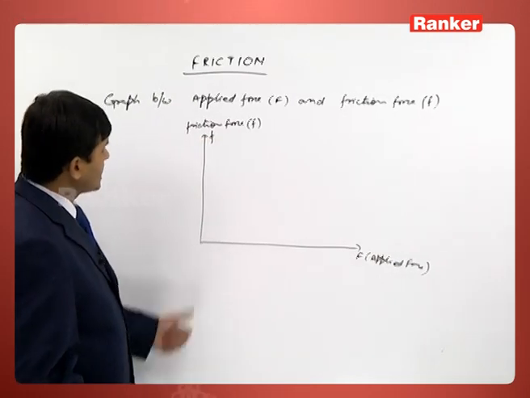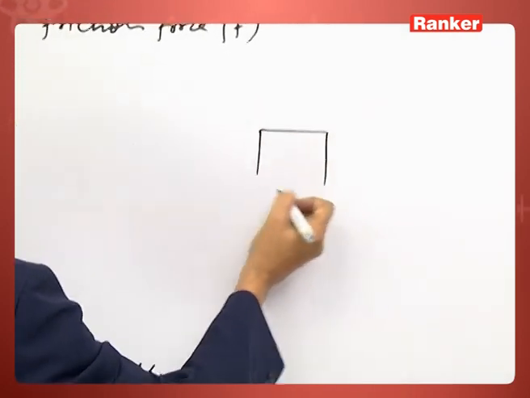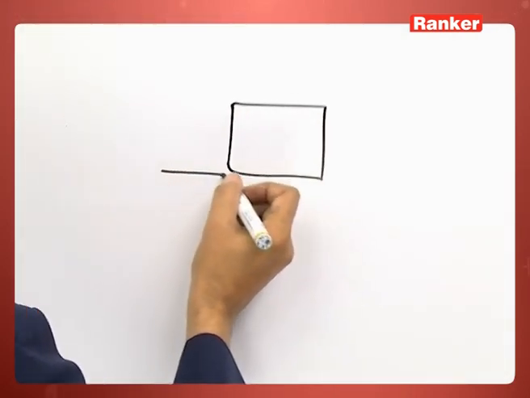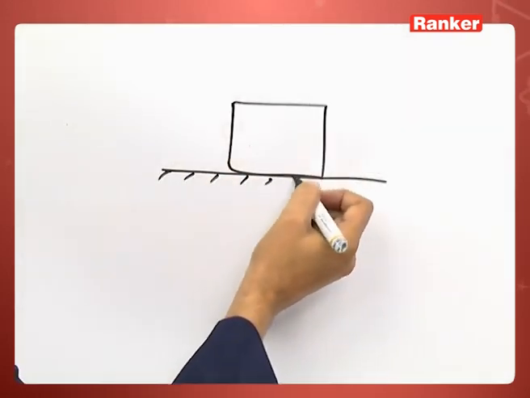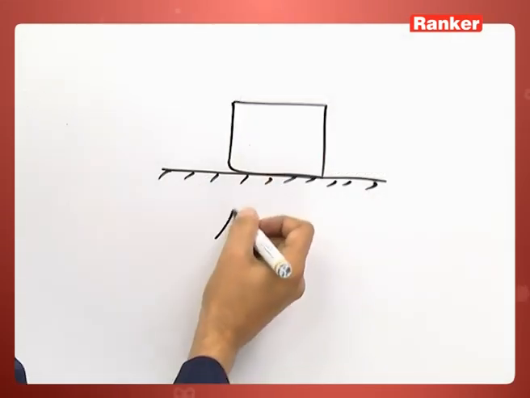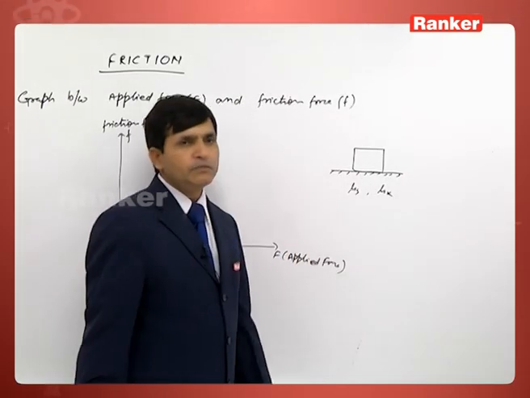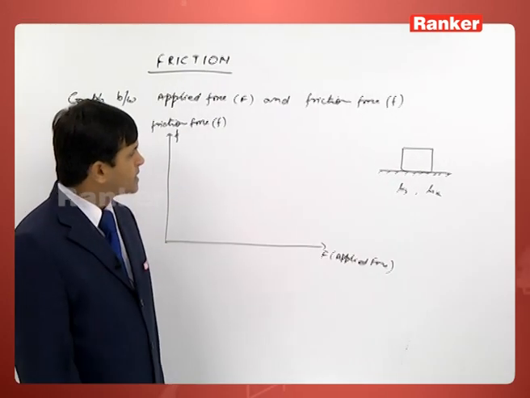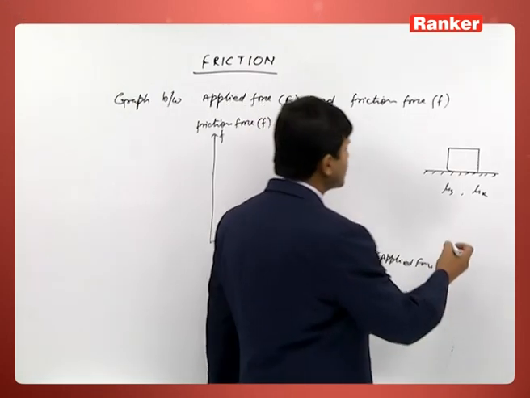So it can be seen in a better way if we make it with a diagram. So this is our body, and mu s and mu k values are given. Mu s is the coefficient of static friction, mu k is the coefficient of kinetic friction.